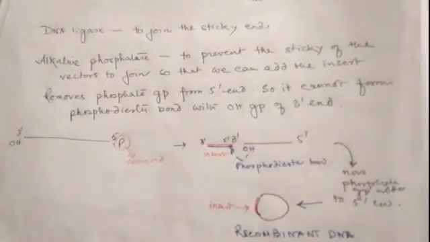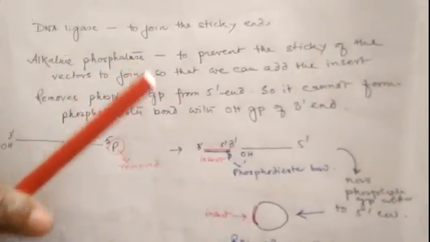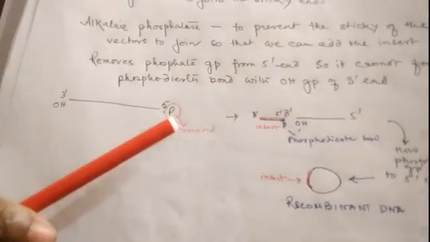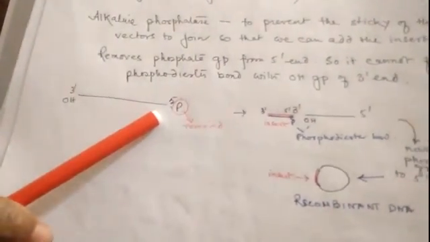Another enzyme which is also used for this purpose is alkaline phosphatase. Now, what is the function of alkaline phosphatase? The function of alkaline phosphatase is to remove the phosphate when we cut DNA. Suppose we are cutting the vector, the plasmid, with a restriction endonuclease. Now, if we cut this plasmid and keep it free, then what will happen?